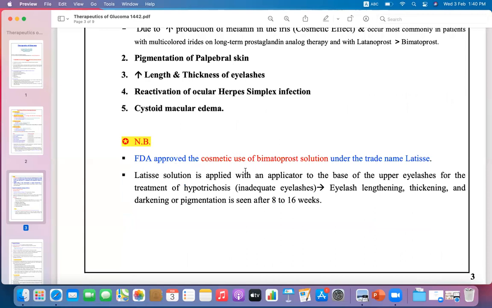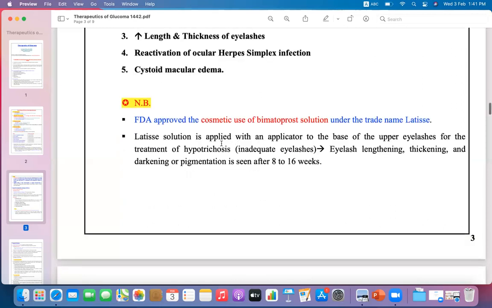FDA approved the cosmetic use of bimatoprost solution under the trade name Latisse, and it is used by women to increase the length and thickness of the eyelashes. You can also find this bimatoprost in a cosmetic shop. Latisse solution is applied with an applicator to the base of the upper eyelashes for the treatment of hypotrichosis, meaning inadequate eyelashes.